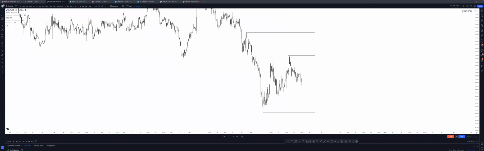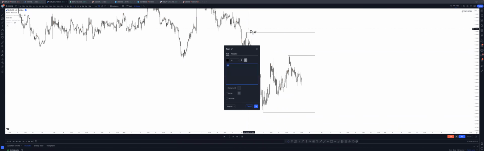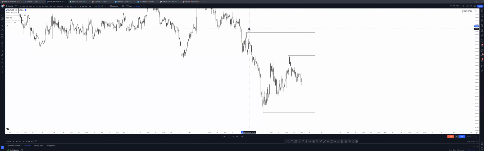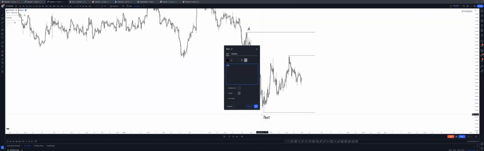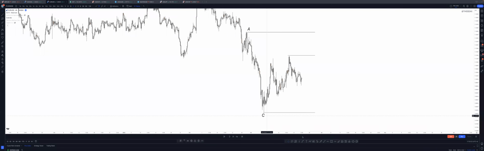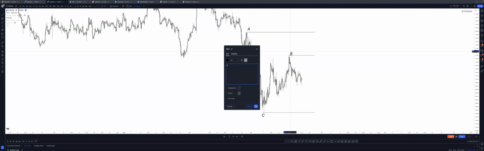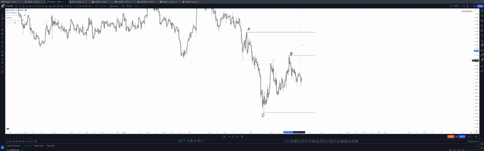So that gives us this type 4, which is the A, C, and the B, which is what now validates this zone.